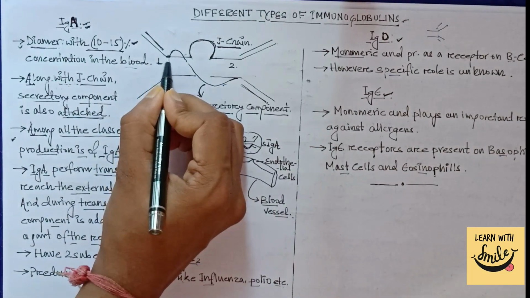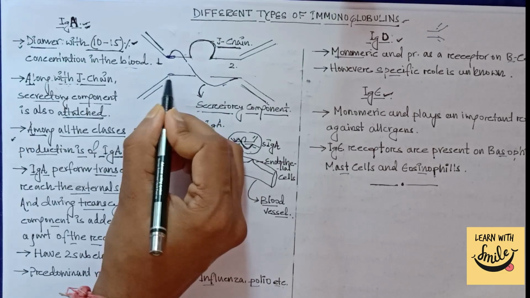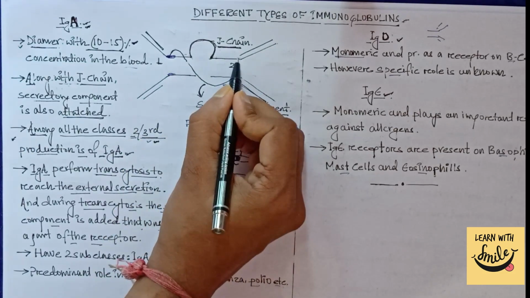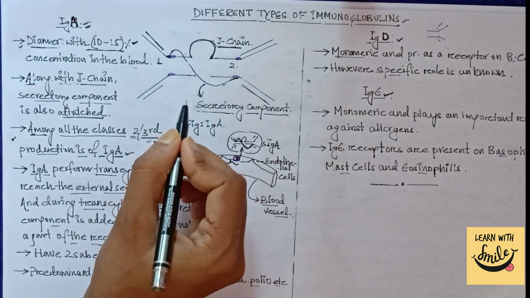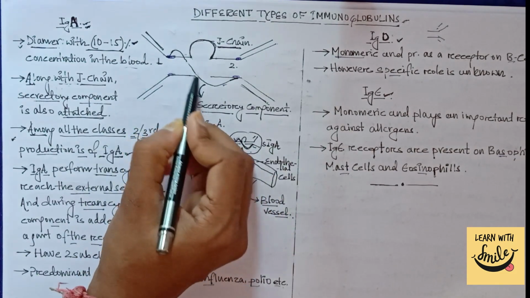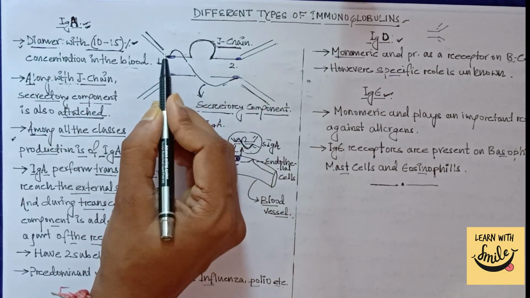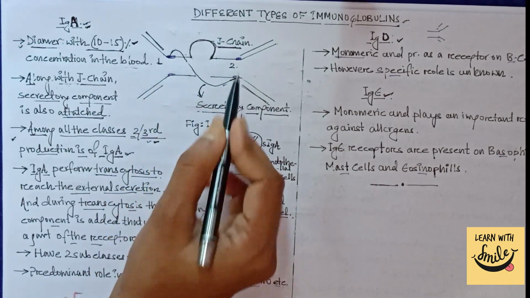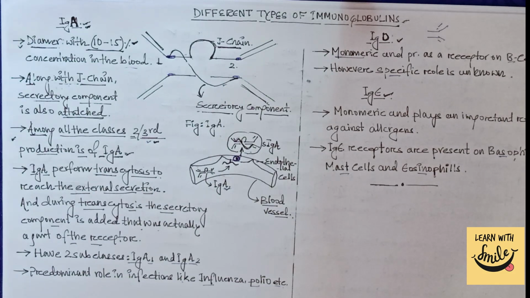See, this is the hinge region, right? In these regions of the immunoglobulin A, it is quite possible that it may damage the entire immunoglobulin. So for its protection, this secretory component is added, which helps protect the antibody from any harsh digestive enzymes. So that was extra information for you.